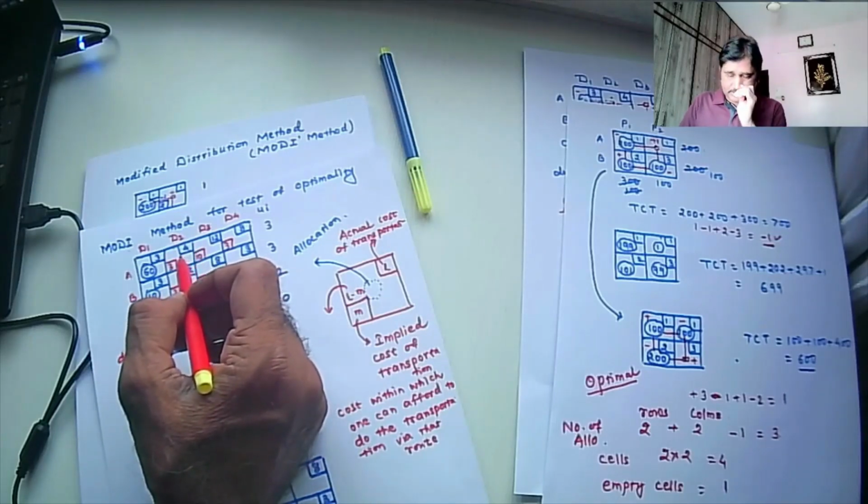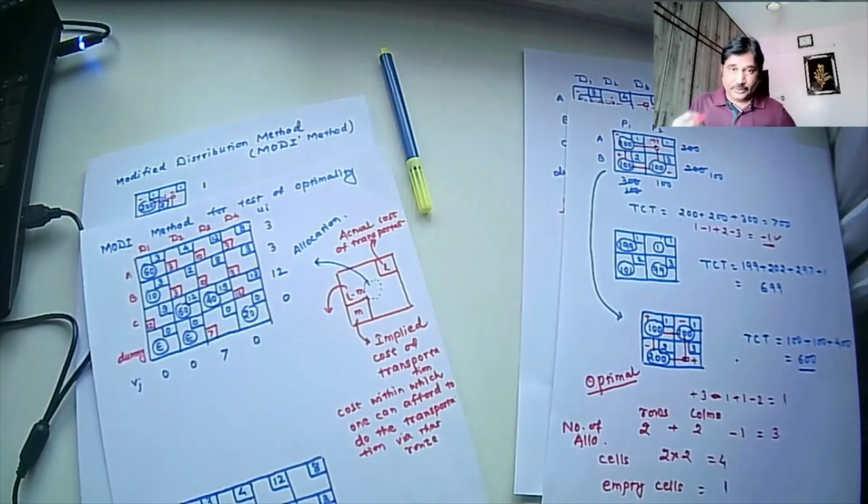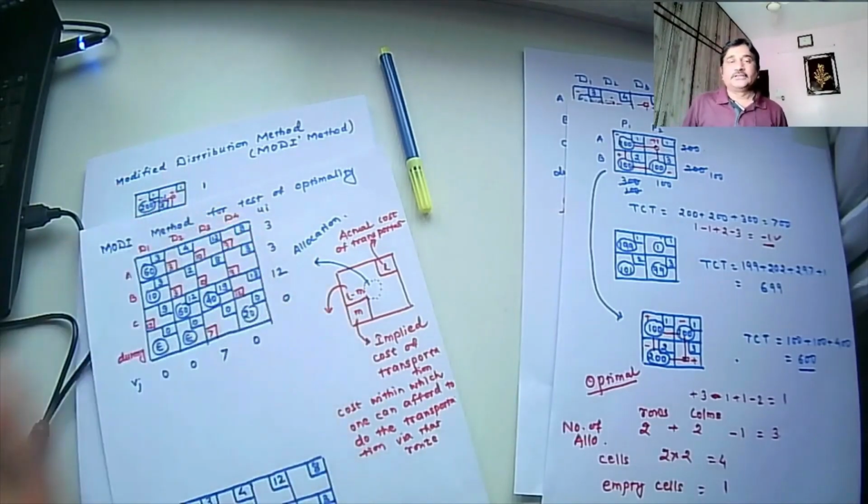You have your own idea of how much it will cost, and say you have the idea that it will take 3 rupees. That is the implied cost; that is what you assume, that within this much amount I can afford to hire a taxi.